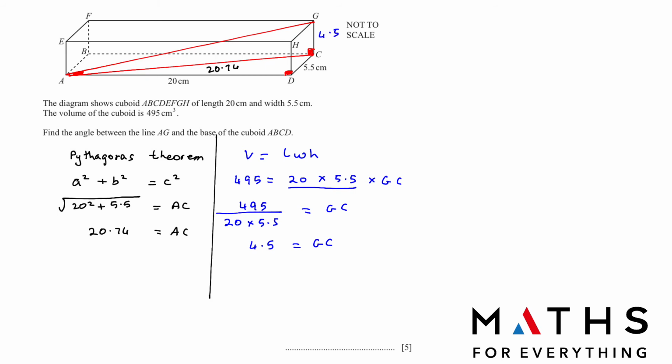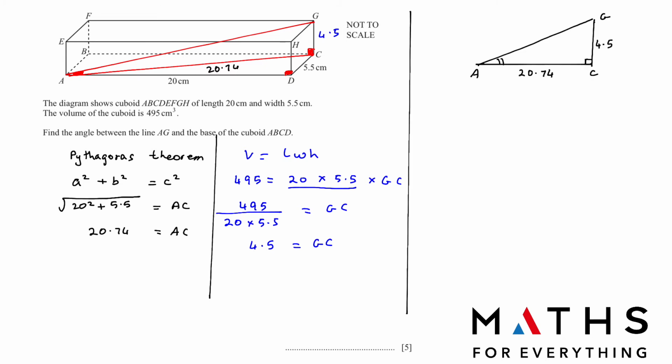Now we have our two sides. Let me draw the triangle. This is our triangle here, and this is the angle we are looking to find. What do we have? We got opposite, and we got adjacent. Adjacent means next to the angle. It means we have to use tan. So tan A is equal to opposite, which is 4.5, adjacent, which is 20.74.